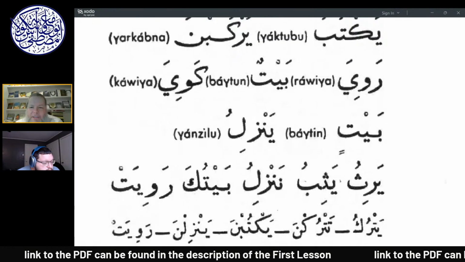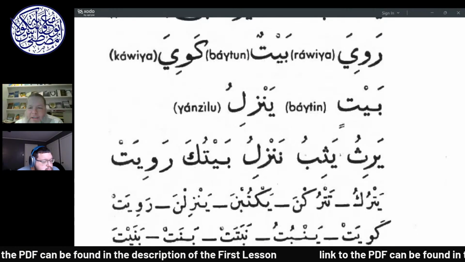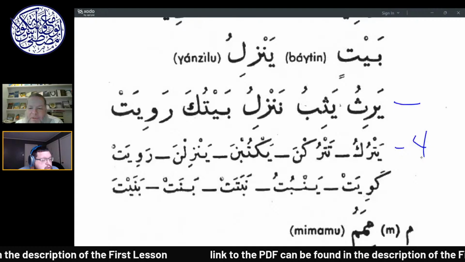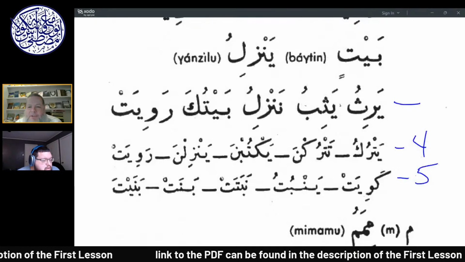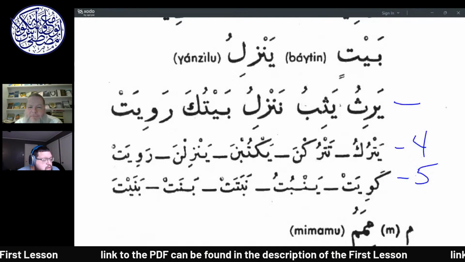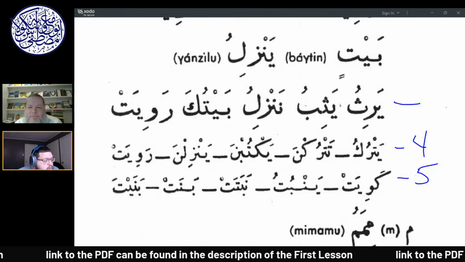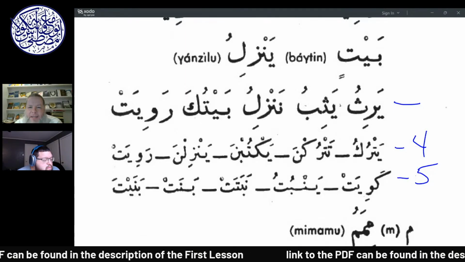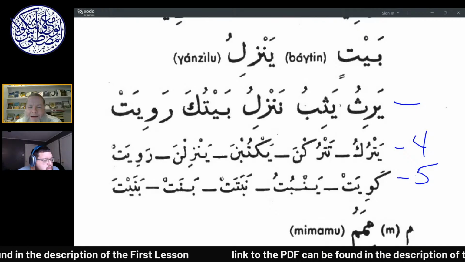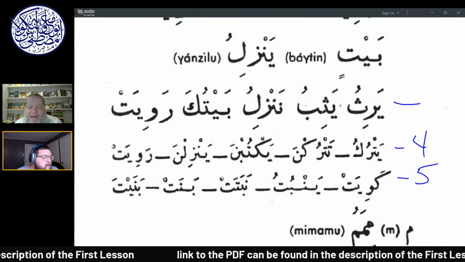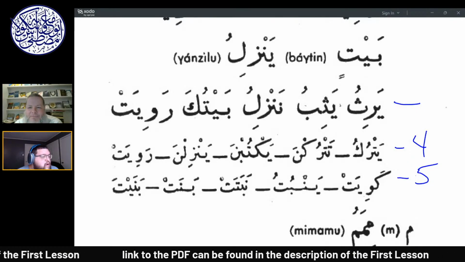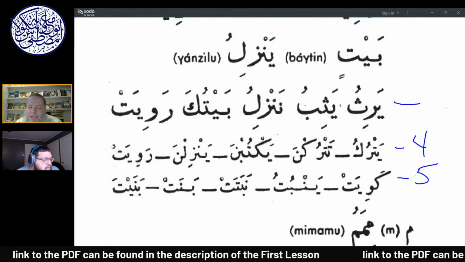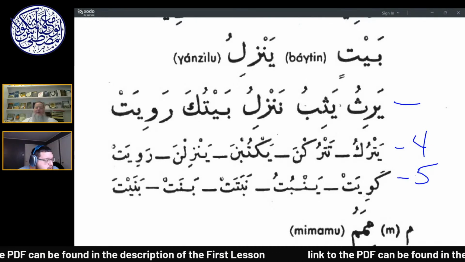We'll read this line here and then we'll make 4 and 5 homework. Yarithu. Tathib. No, it's the opposite of the top. Oh yeah, sorry. Yathibu. Yeah. No need to say sorry. You're doing excellent, man.